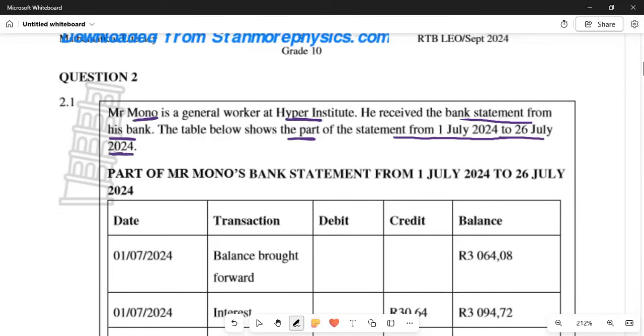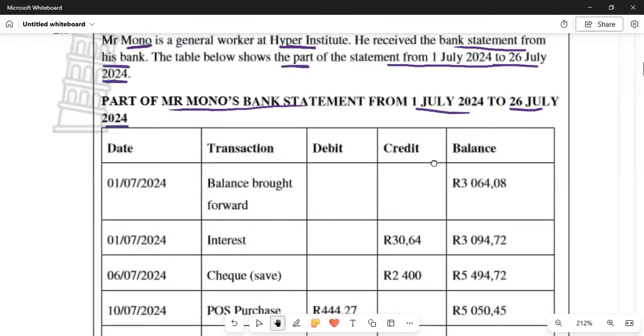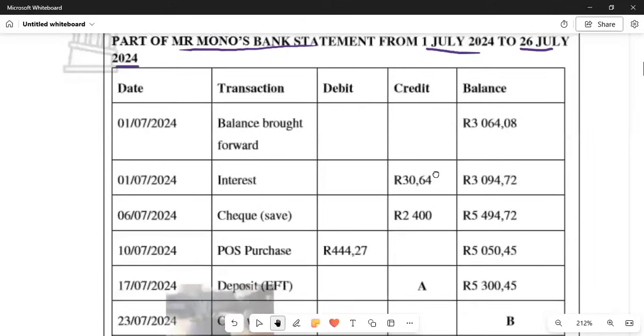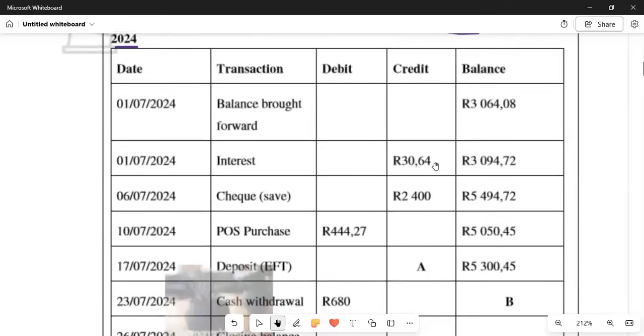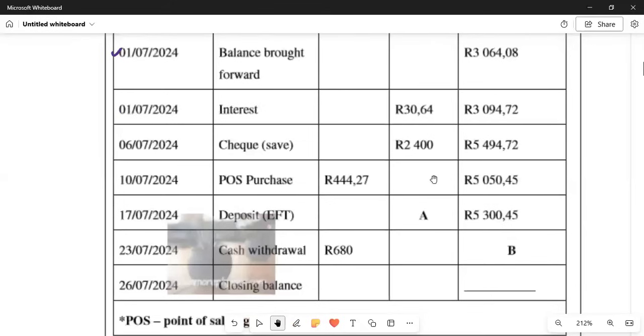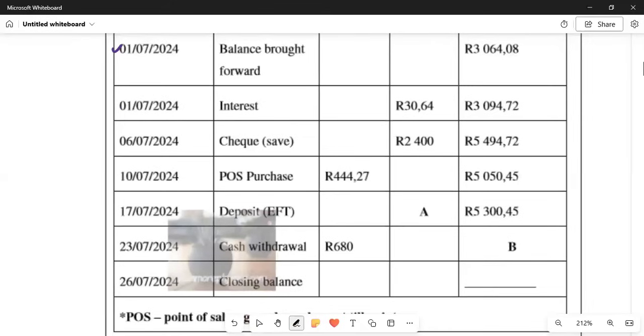So this is part of Mr. Mono's bank statement from 1 July up until 26 July 2024. We can see it is printed from the starting date, the 1st of July, up until the 26th of July.